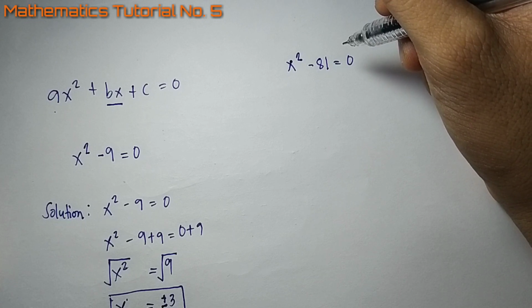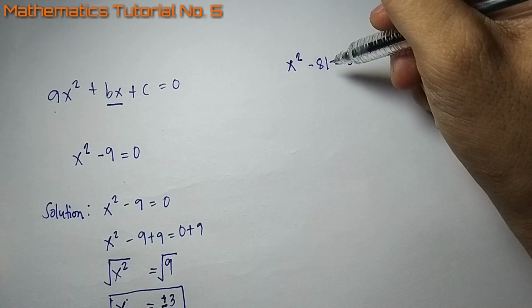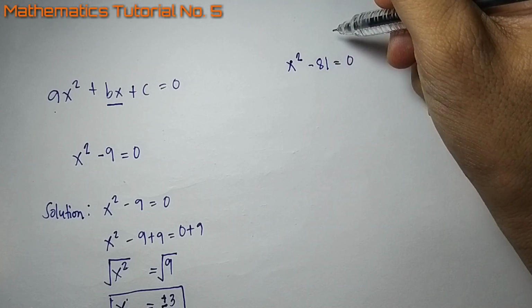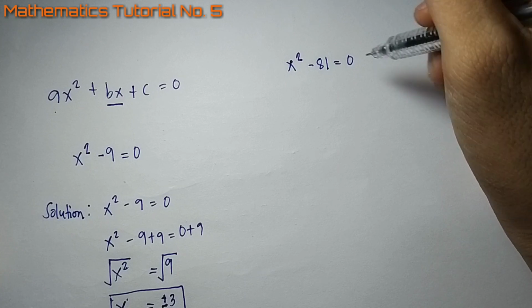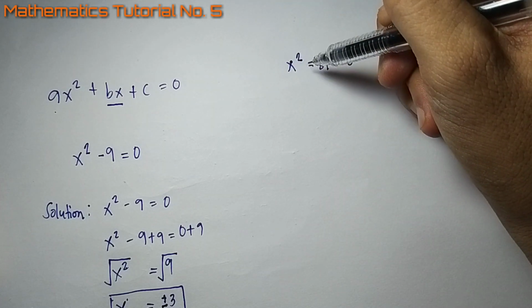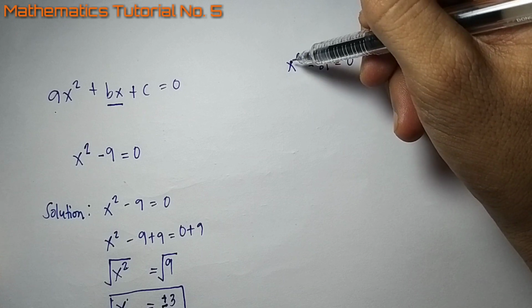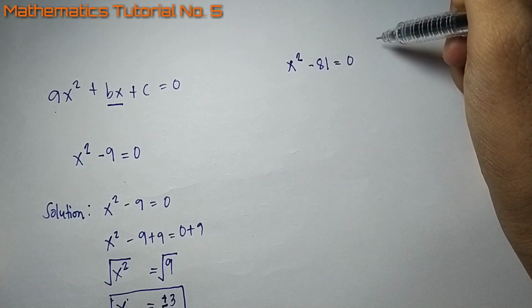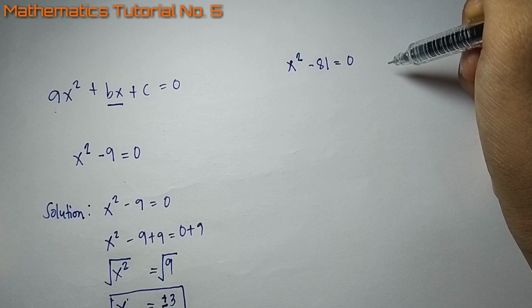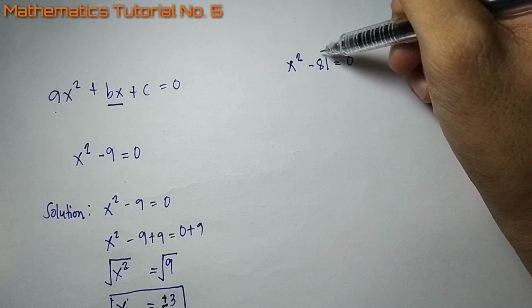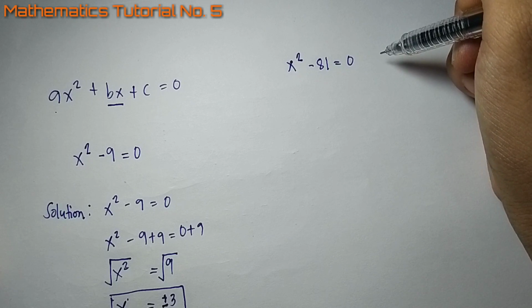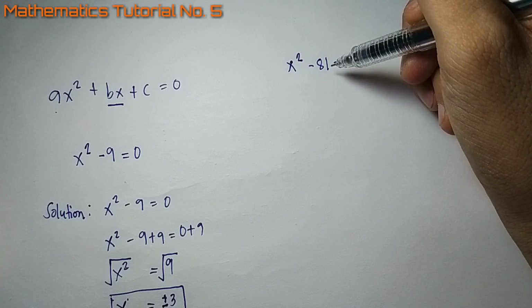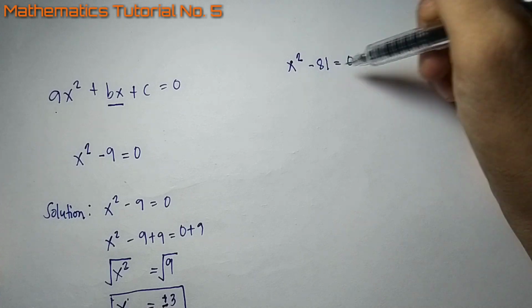So dapat kining atong negative 81 mabalhin dito sa pikas. Di ba kay atong aim gyud nga mapabilin ang x squared, mapabilin ang quadratic term unya matabok sa pikas ang constant term. So para mabalhin ning negative 81 sa pikas, mag-add ta og inverse aning negative 81. Mag-add ta both sides.